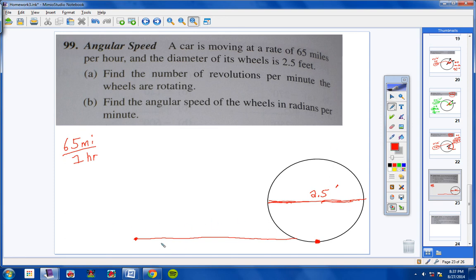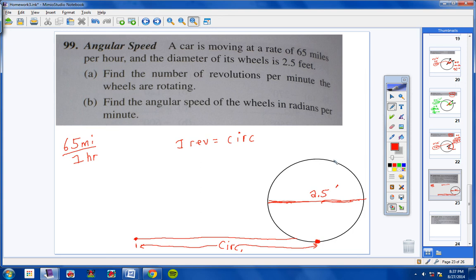The distance that it traveled on the ground from here to here is going to be the same thing as the circumference of the circle. Now, if you don't understand that, can you at least write that down somewhere? 1 revolution equals the circumference. You can at least memorize it. Some of you understand that, some of you probably don't, but that is true.